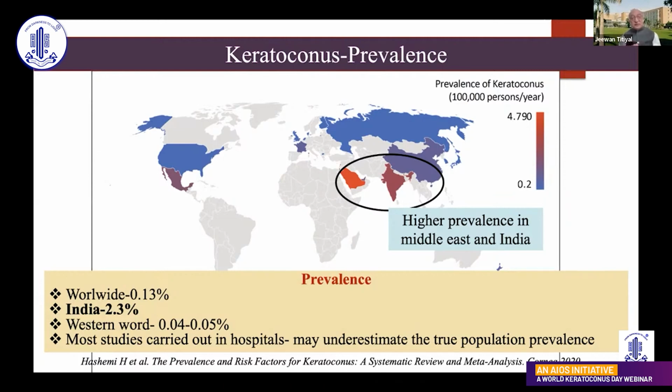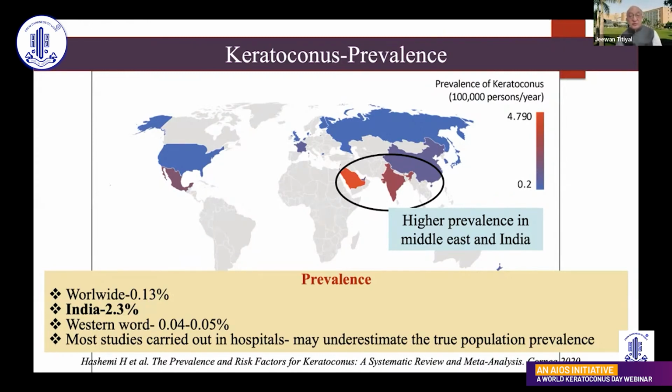But these are studies published from patients coming to hospitals, so it may not entirely depict the scenario in the community, because we don't have a screening study done in the population. But it directly reflects patients who require treatment or who come for various other procedures and are picked up as having keratoconus. So this is a good indicator of how many people are suffering from keratoconus.